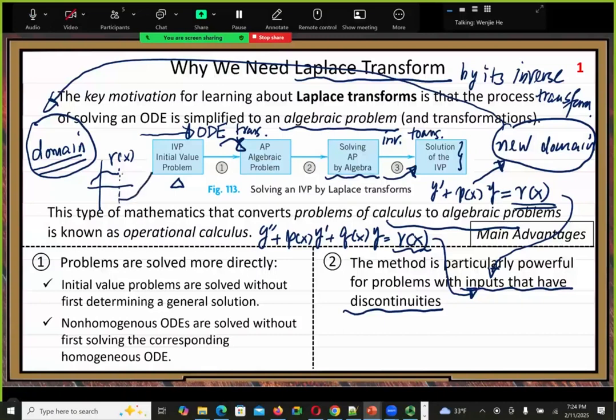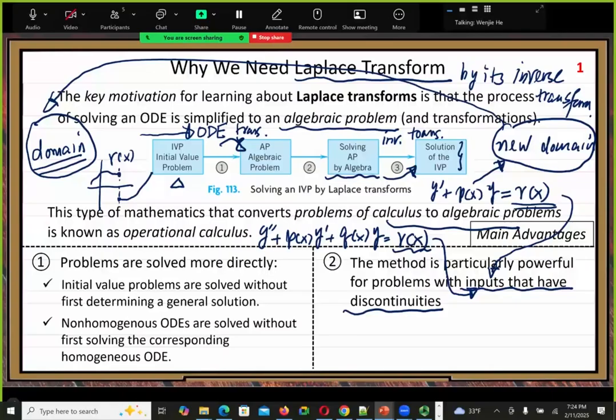Even if the r function contains several discontinuity points, the Laplace transform method still can make it work.